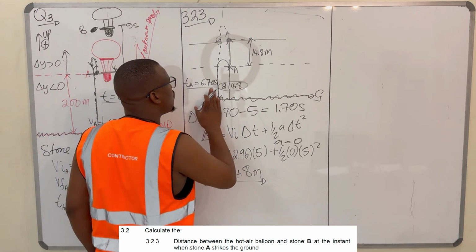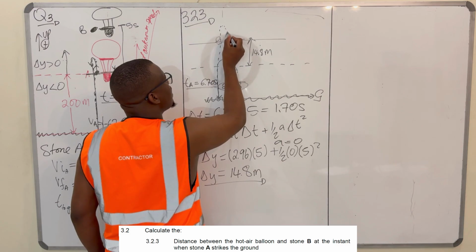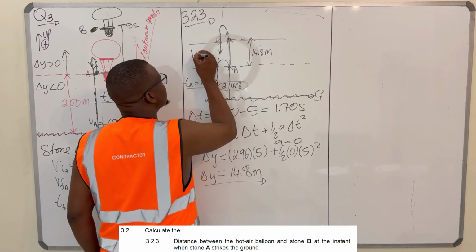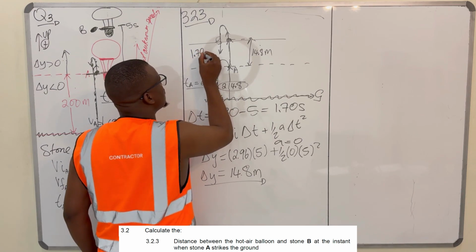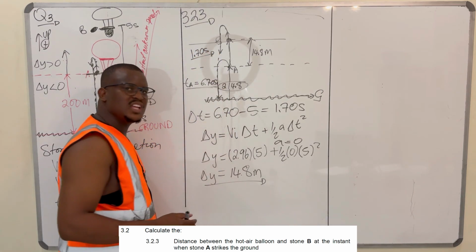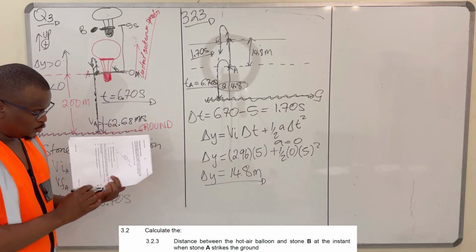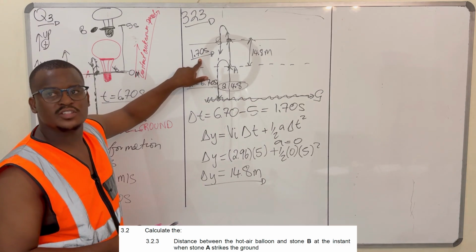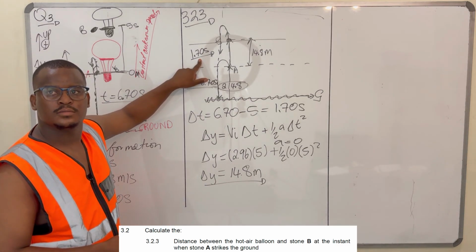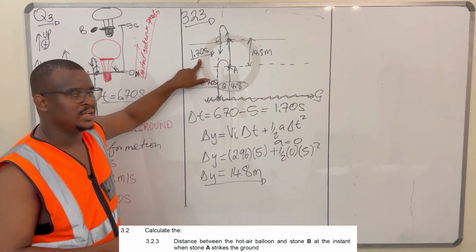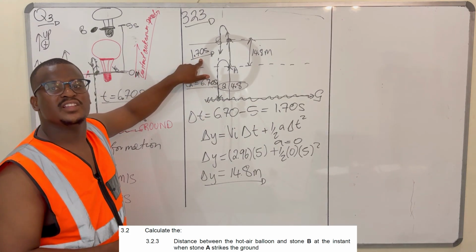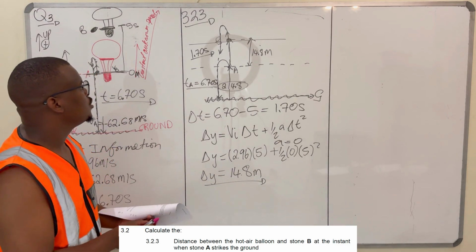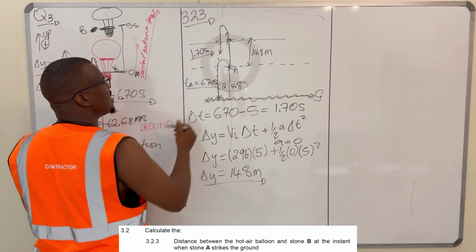But what we know is its motion only lasted for 1.70 seconds. So we know that, and we can find the displacement of stone B.